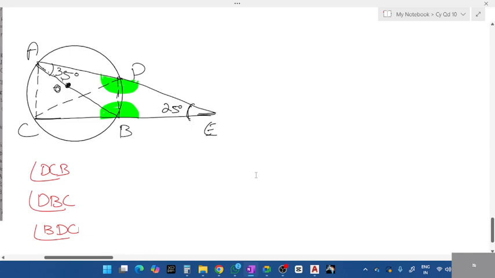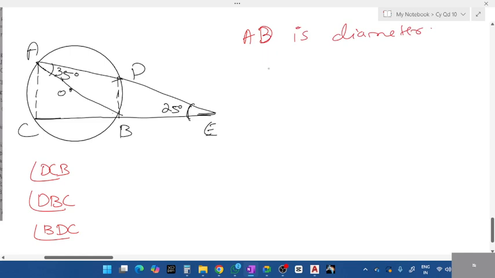Oh, 14 sum. DCB. DCB. AB is a diameter. If AB is diameter, which two angles are 90 degrees?